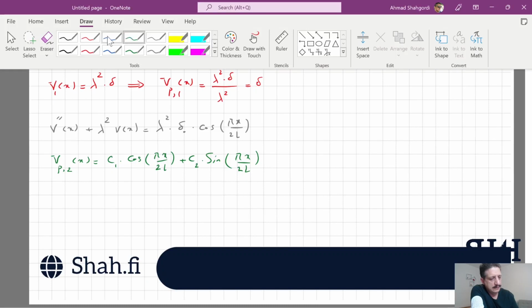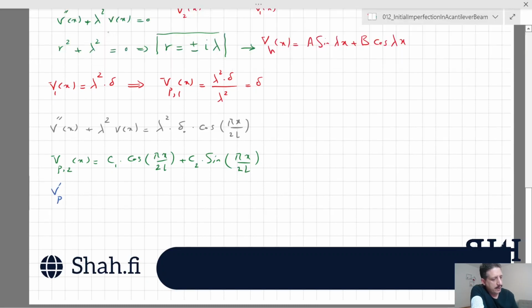For this, v prime will be minus c1 pi over 2l sinus pi x over 2l plus c2 pi over 2l cosinus pi x over 2l.